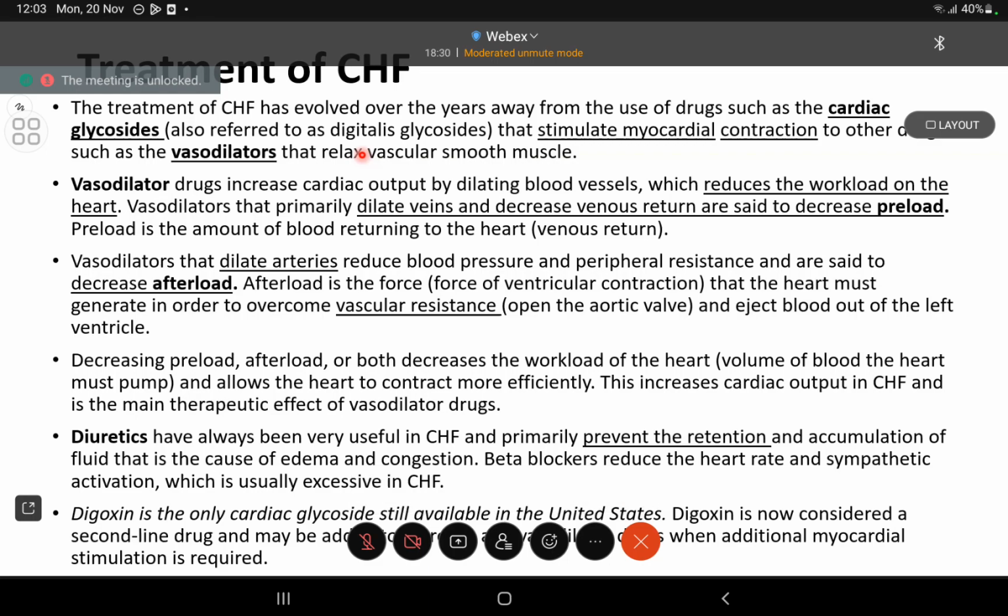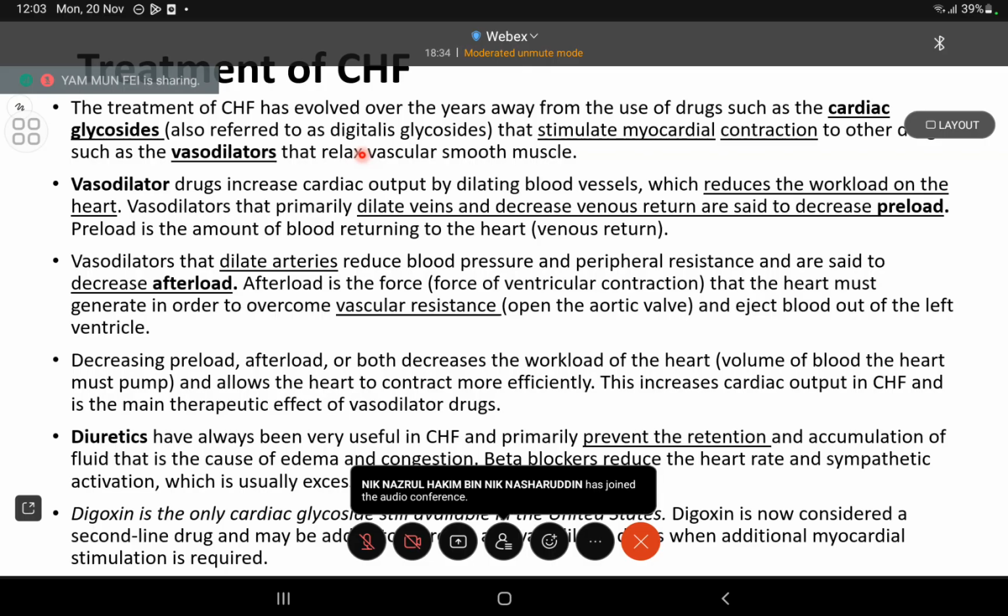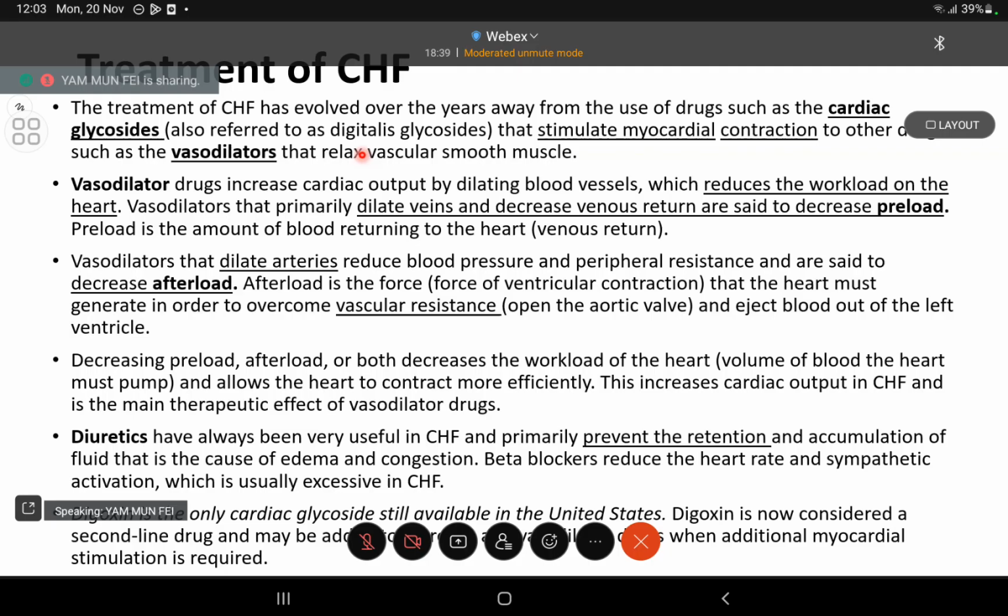So in this topic, sometimes we also call them vasodilator. Yes, of course, it makes sense because they have a vasodilation effect, but we cannot fully consider them as a vasodilator because they are not only dilating the blood vessel, they also have other activity. Okay, quite clear. The three drugs we're going to study.